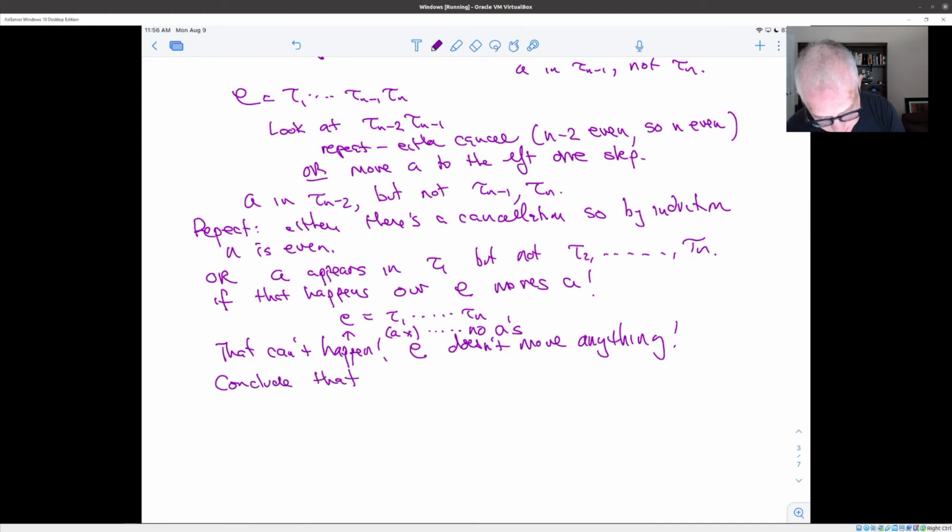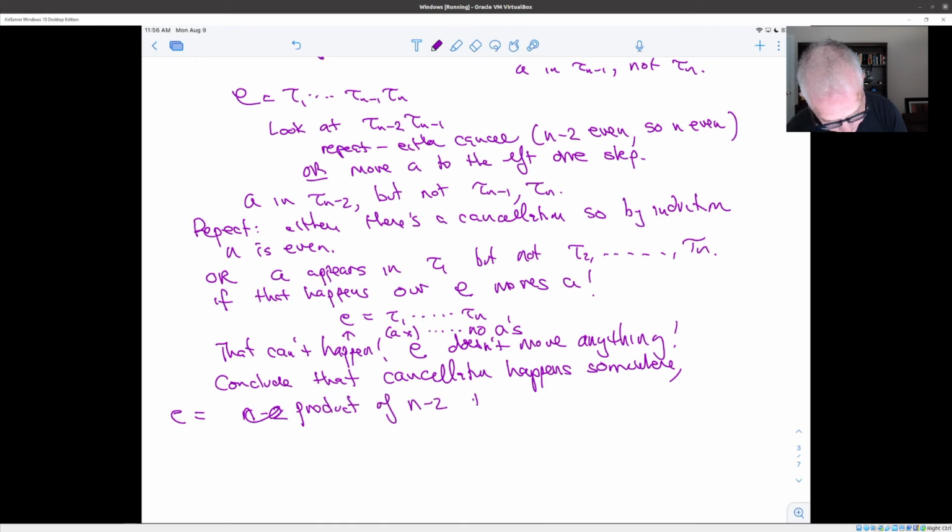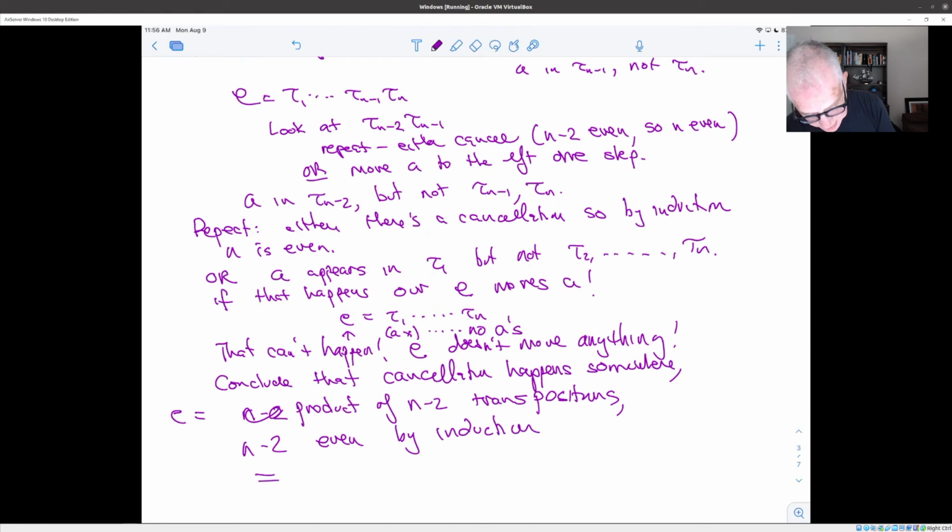that a cancellation happens somewhere, and so you get that the identity is a product of n minus 2 transpositions, which means that n minus 2 is even by induction, and that tells you that n is even.